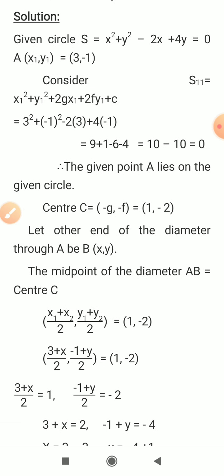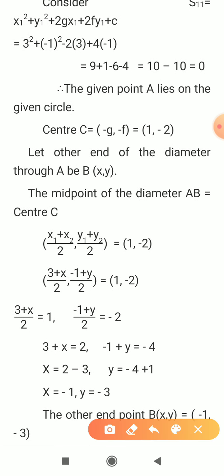Next, what is the next part of the question? Next we find the other end of the diameter through the point A. For that, observe this rough diagram. Suppose this is the circle.